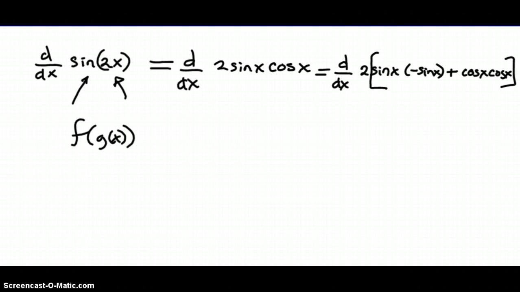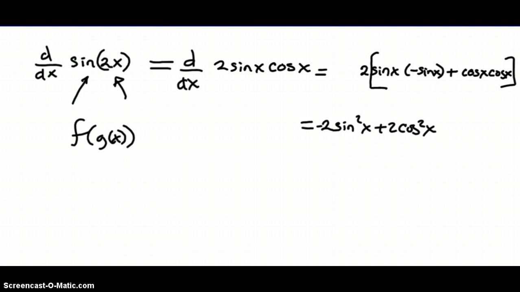If we simplify just a little bit, that is the derivative. We end up with negative 2 sine squared x plus 2 cosine squared x.